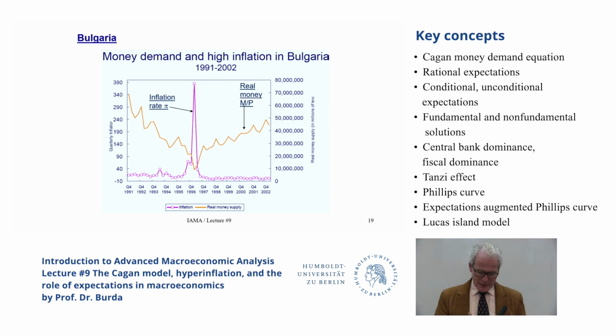More importantly, it was funding its budget deficits, which were rising rapidly, by accessing central bank credit. And the central bank credit was paid out in the form of banknotes, because the Bulgarian banking system was fairly primitive at the time.